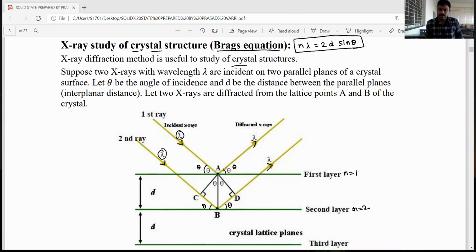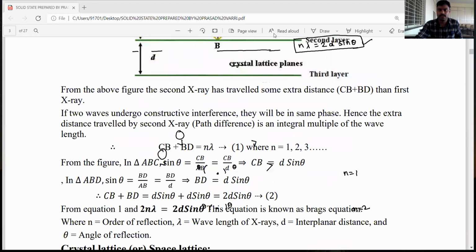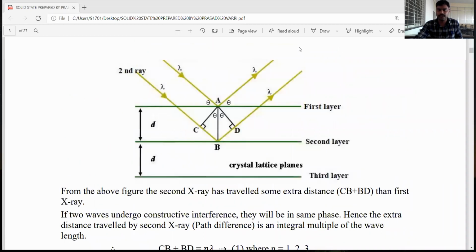From this diagram we have to derive how n lambda equals 2d sine theta came. Once you observe the diagram, this is the first ray and this is the second ray, dear students.